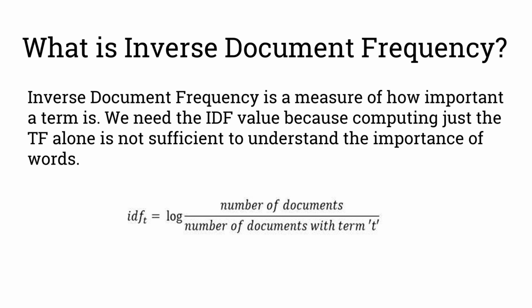We check how many documents are present divided by the number of documents in which that particular word is there, and we take the log value of that. And that will give us the inverse document frequency. If the value that we get is close to zero, it means it's a very common word.